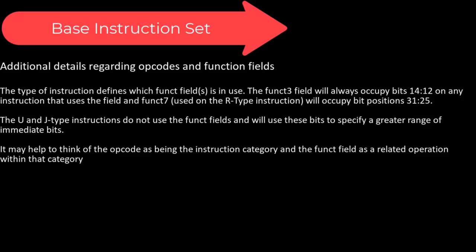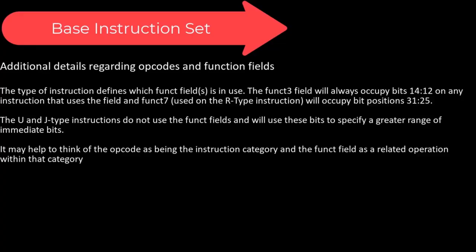The funct3 field will always occupy bits 14 through 12 on any instruction that uses the field, and funct7, used on the R-type instruction, will occupy bit positions 31 through 25. The U and J-type instructions do not use the funct fields and instead will use these bits to specify a greater range of immediate bits.